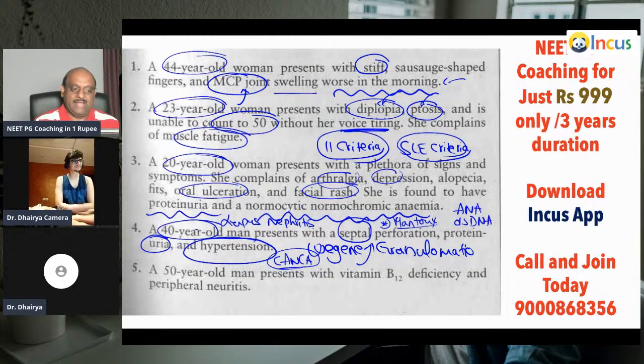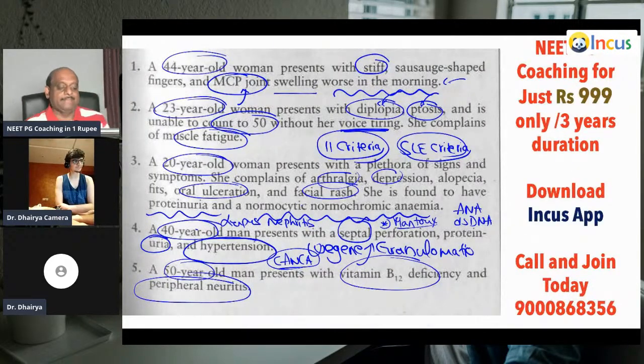Sure. Now, a 50-year-old man presents with vitamin B12 deficiency, peripheral neuritis. So, what is the most likely possibility? This is just pernicious anemia. That is, the patient has antibodies against the parietal cells. This causes reduced secretion of intrinsic factor.